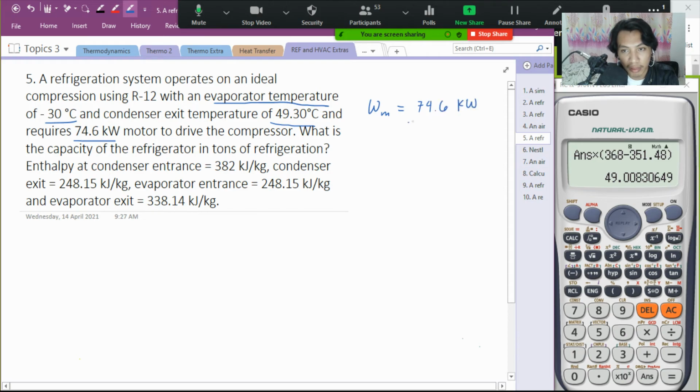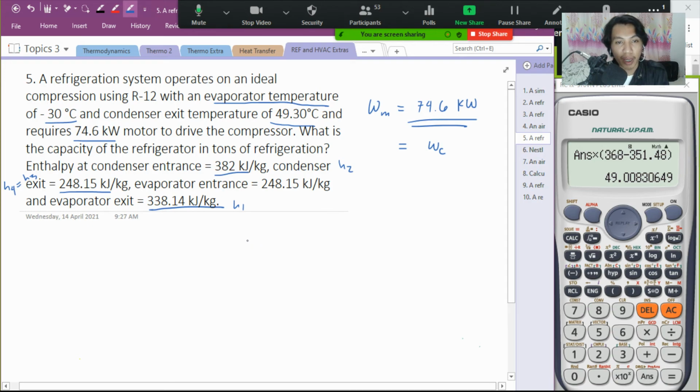Was the shaft efficiency mentioned? No. So therefore this is also equal to the work of the compressor. Then it was given: condenser entrance, meaning this is H2. The condenser exit is H4, which is also equal to H3. And this is the evaporator entrance, evaporator exit. They are given one by one. There's H1. Do we still have a problem there?